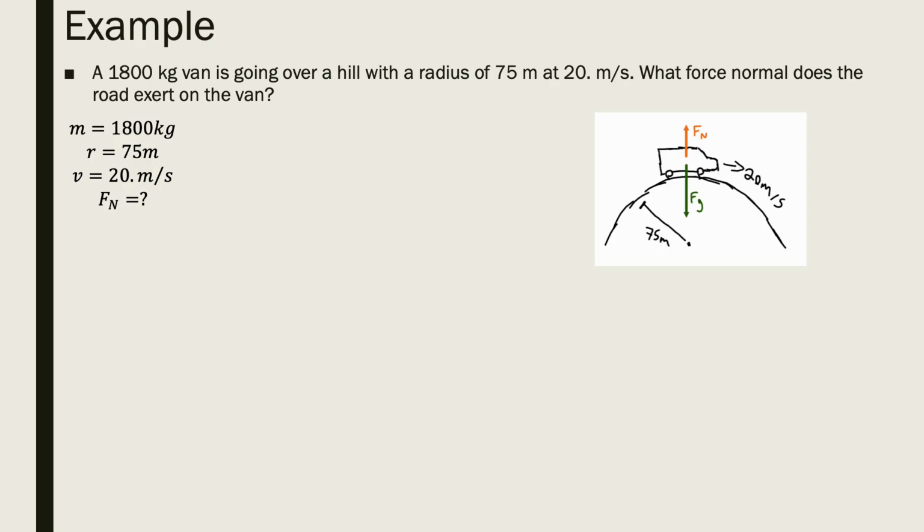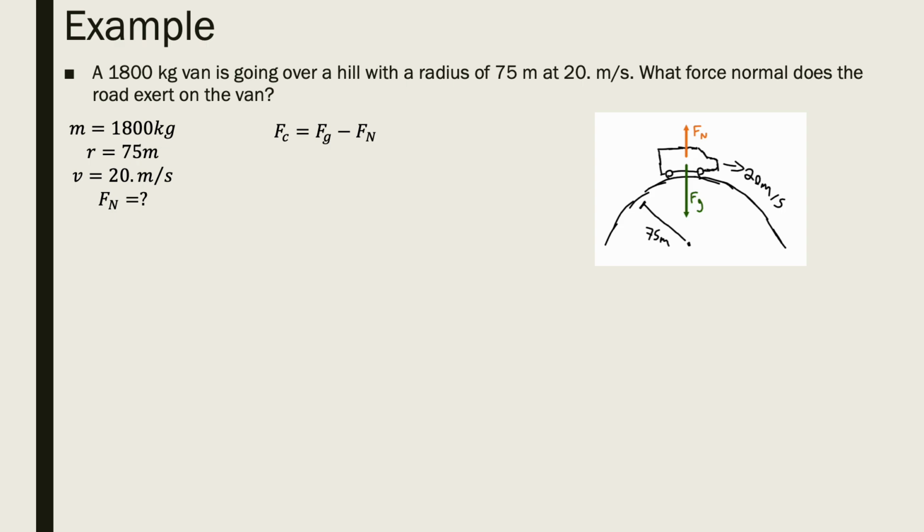Now in this case, if we look at our forces acting towards the center of our circle, we can figure out our force centripetal, which is essentially our net force acting towards the center. So we have a force of gravity acting towards the center, but we have our force normal acting in a different direction.